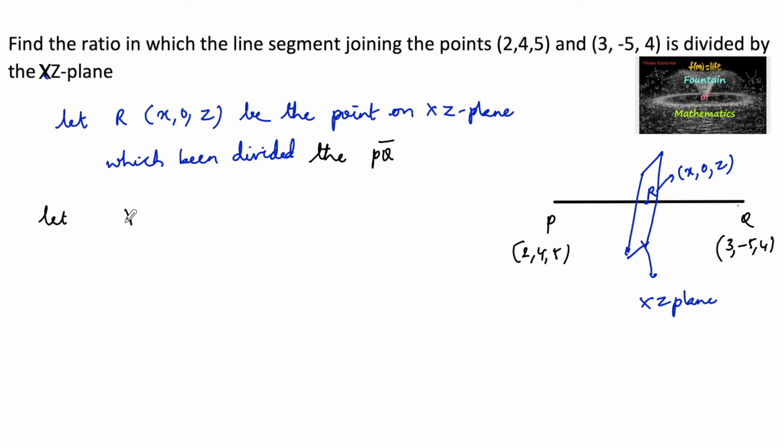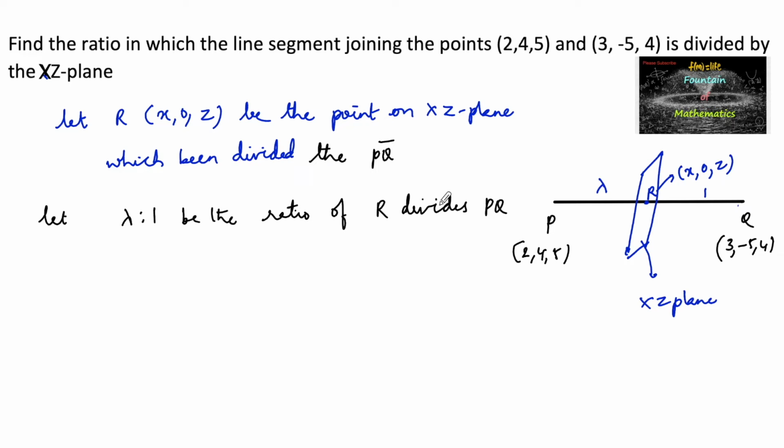Let lambda is to 1 be the ratio in which R divides PQ.